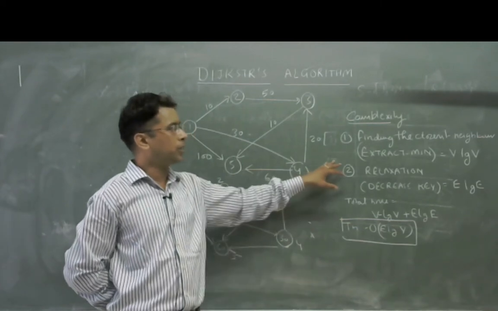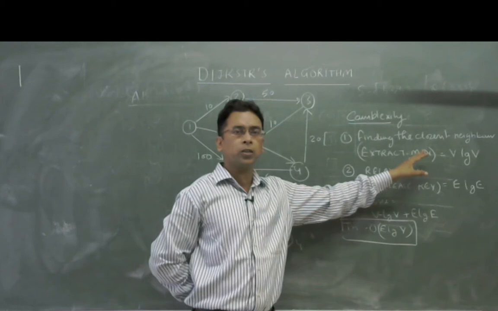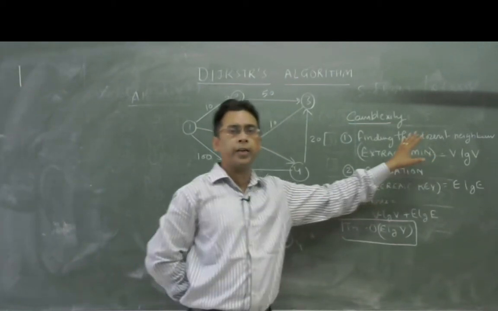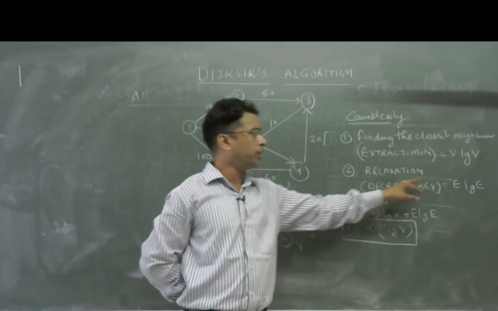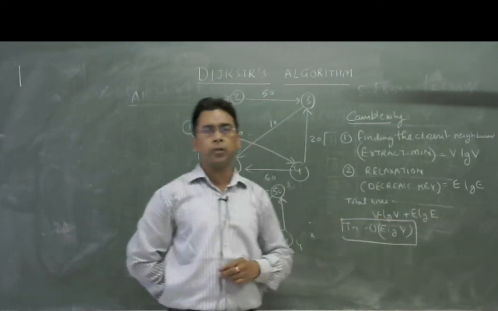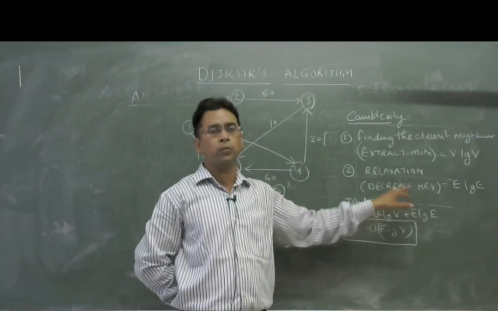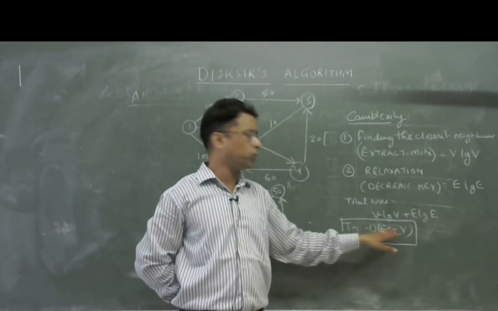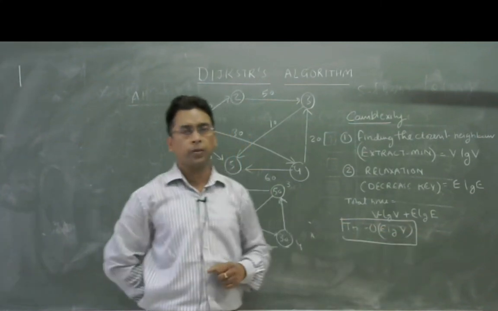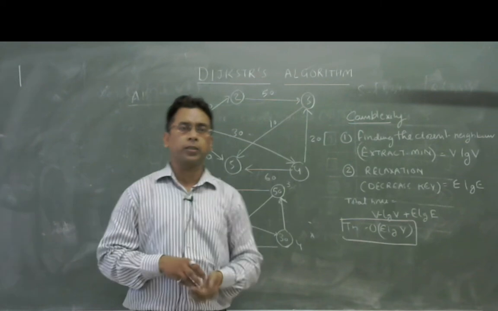For the complexity, we are using the binary heap to find the extract min or the closest neighbor, which will take v log v time, and relaxation will take e log v. So the final total time is v log v plus e log v, but the number of edges is definitely equal to or more than vertices in a graph, so it depends upon e log v. So that is the complexity of Dijkstra algorithm. Thank you.